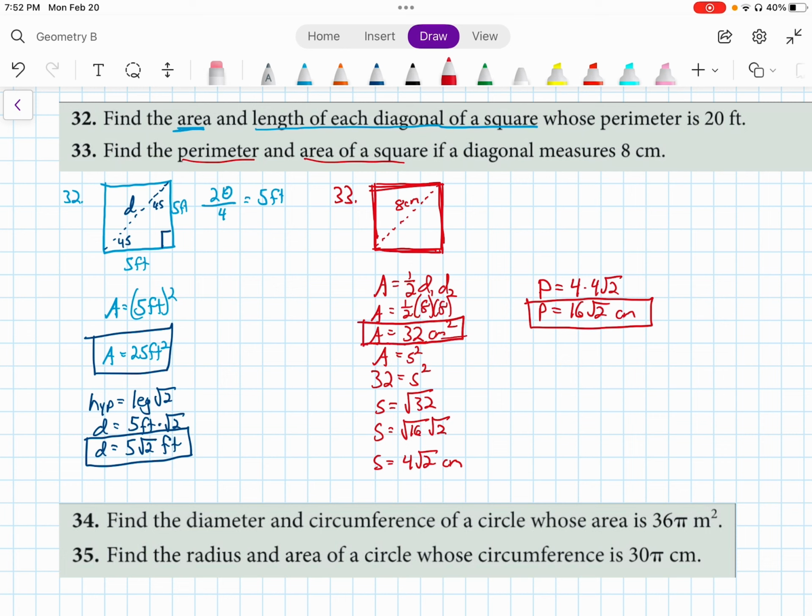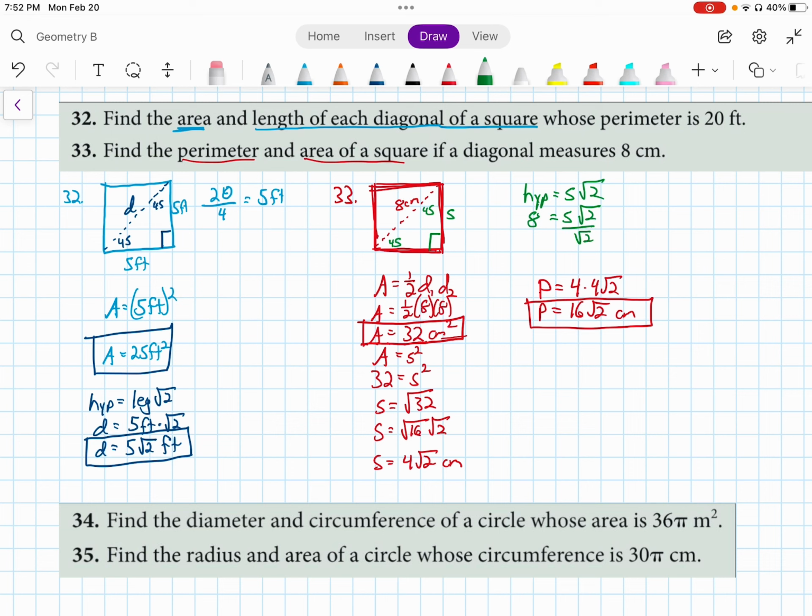The other way, and maybe what they were trying to get at, would be to know this is a 45, 45, 90. And in a 45, 45, 90, the hypotenuse is equal to a leg, which is one of the side lengths, times the square root of 2. So 8 equals s root 2.